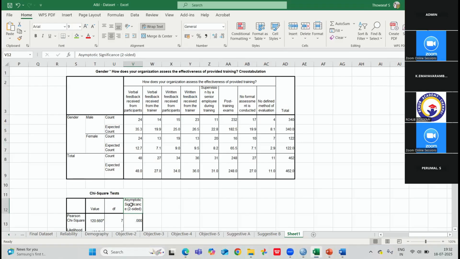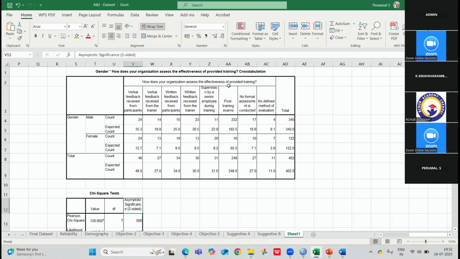For writing a chi-square interpretation, write an introduction. That is, here the analysis was carried out to identify how the effectiveness of the training program is assessed by various genders.